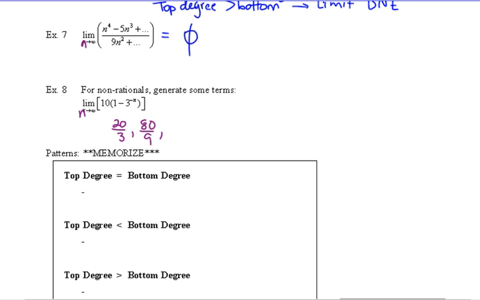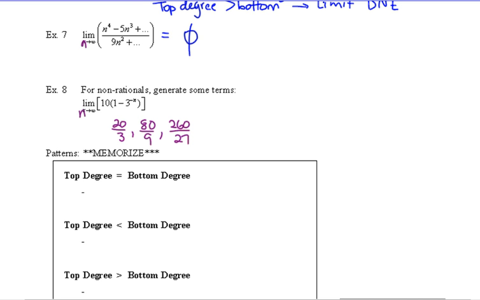You agree? Negative 3 would be 1 over 27. 1 minus 1 over 27 would be 26 over 27. So 260 over 27.